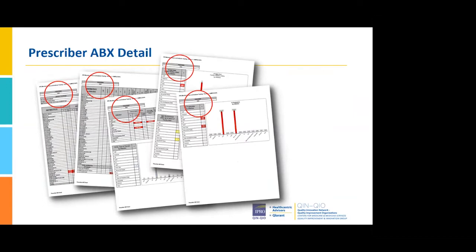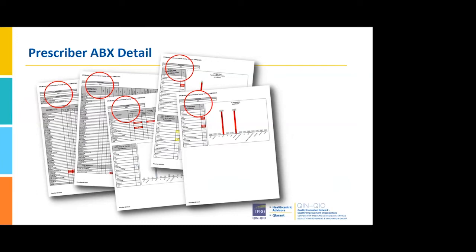This prescriber-specific tab allows the user to choose an individual prescriber by name from their listing and gain immediate access to the patterns and graphs for that individual prescriber. This 5-page report may also be printed for both sharing and review with that individual prescriber. For example, the tab could be printed as a PDF and sent as an email attachment to the prescriber, since it does not contain any PHI.